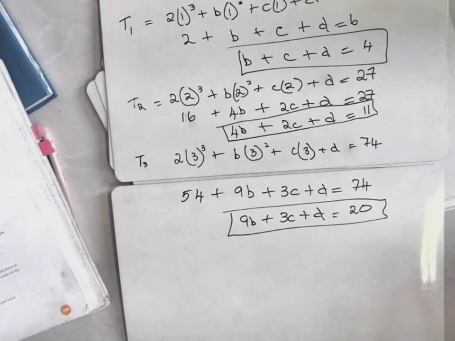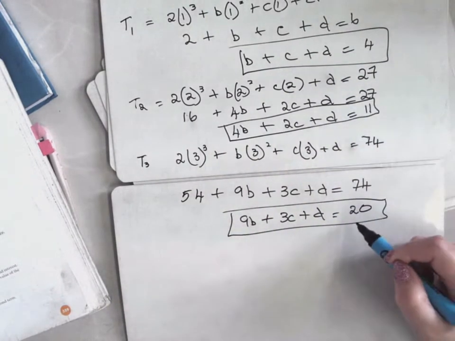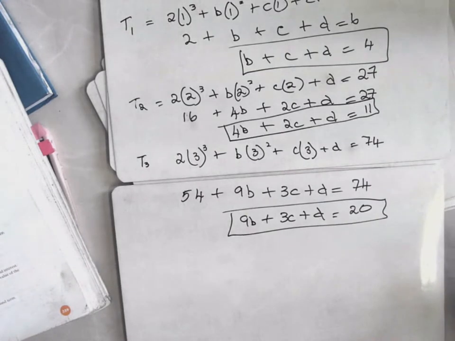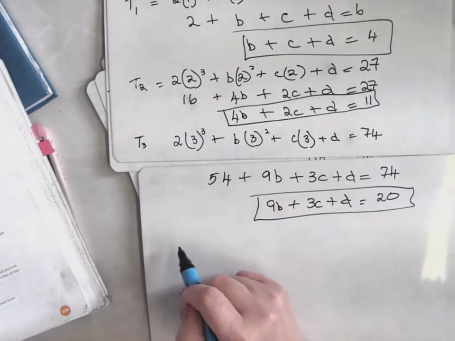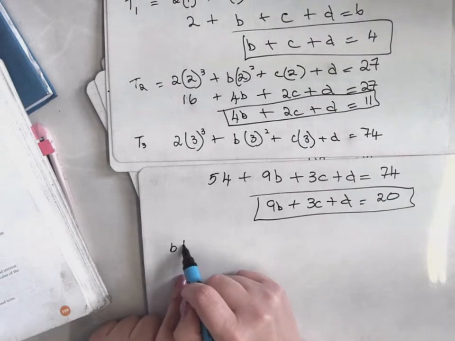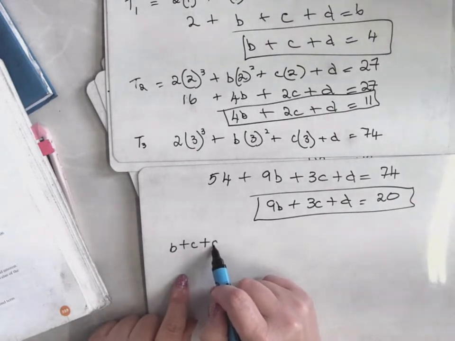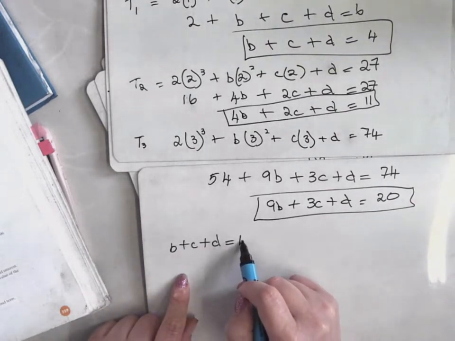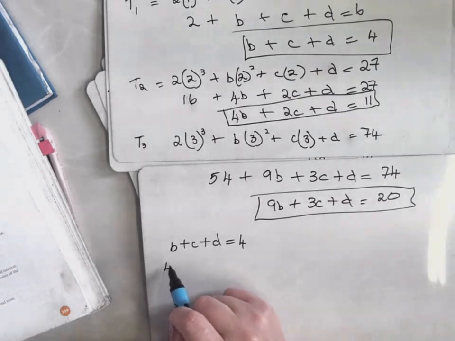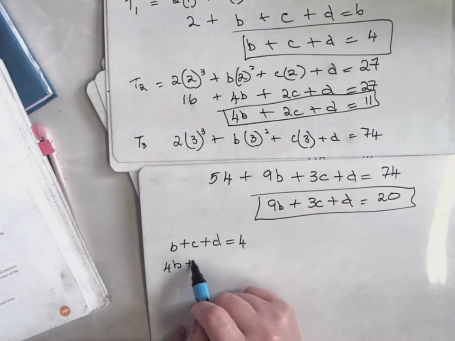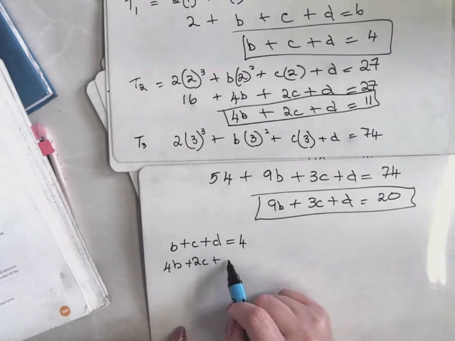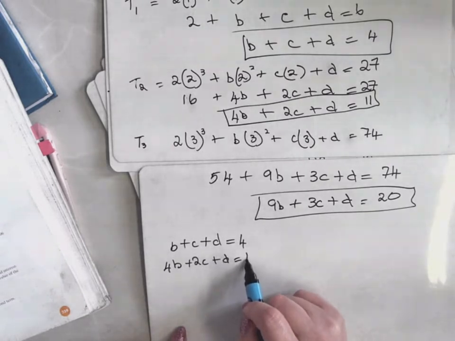Right, okay, so I have 3 equations in 3 unknowns. So it's good revision for us. So we take any 2. So I'll take the first one, and I'll take the second one, 4B plus 2C plus D equals 11.